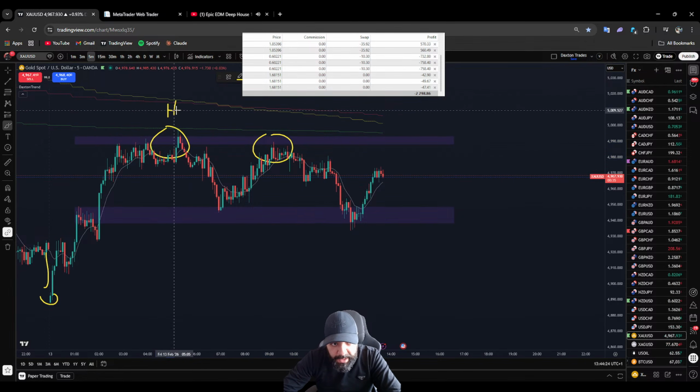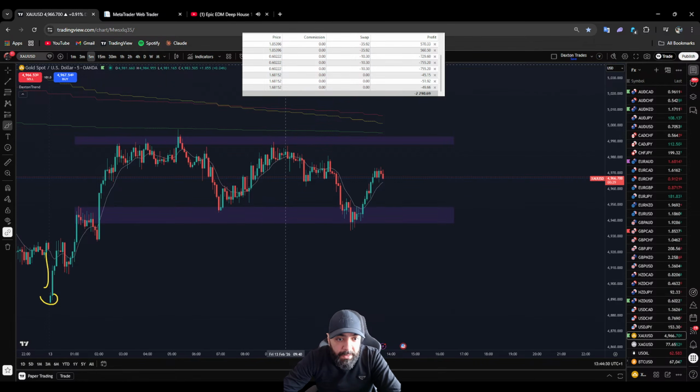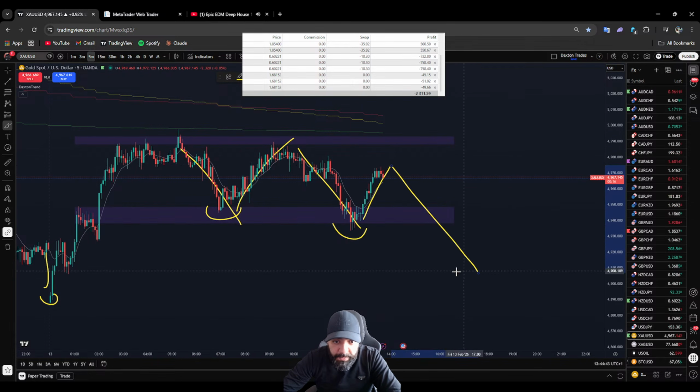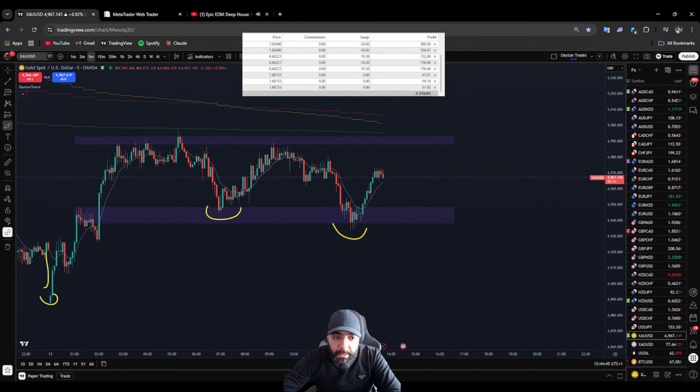So this is a high, this is a lower high. I will keep an eye on the price, then decide what I will do. We are printing also lower lows. Maybe the price will do something like this. We'll keep an eye on the price, then decide.